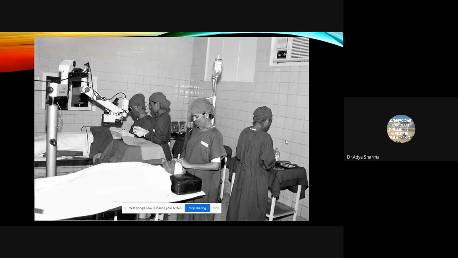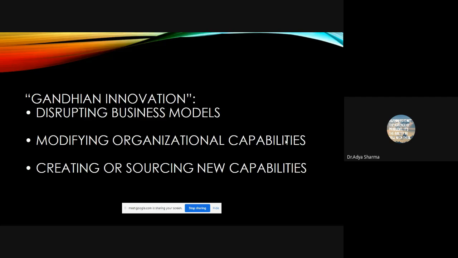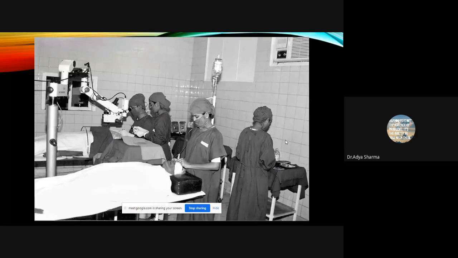My first example, Arvind Eye Care. I think I have shared this with you under a different topic. Again, what did Arvind Eye Care do? Did they disrupt the business model? Yes, they did. Cataract operation is a 10-minute operation.